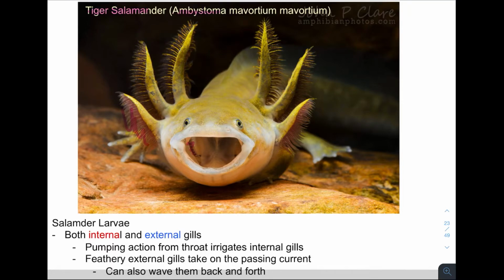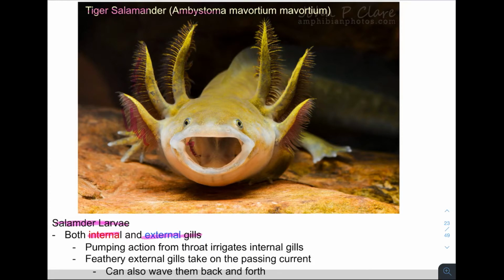And salamander larvae, in other words, very young salamanders, have both internal and external gills. Now, what's going to happen is that we're going to see that the internal gills are lost, and the external gills, these feathery gills on the outside, are the ones that remain in the juveniles.